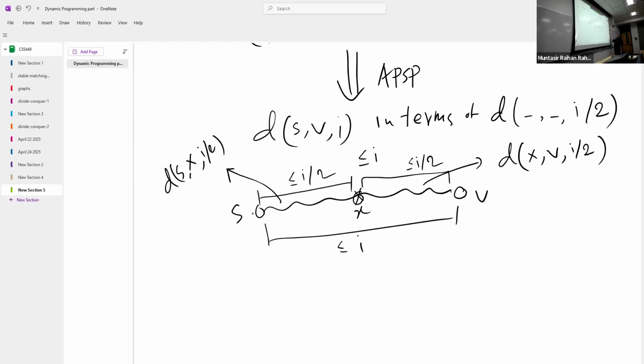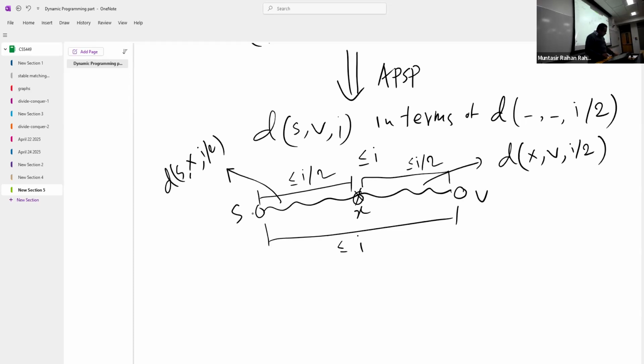Actually it's much simpler: here we are saying S to V, but S is not fixed here anymore because it's all pair shortest path. If it was single source shortest path, S would be fixed. If S is fixed, this subproblem has S fixed, but look at this other subproblem, it no longer has the source. So that's why you cannot do this. You can only do it for all pair shortest path. Okay, so that's the reason.